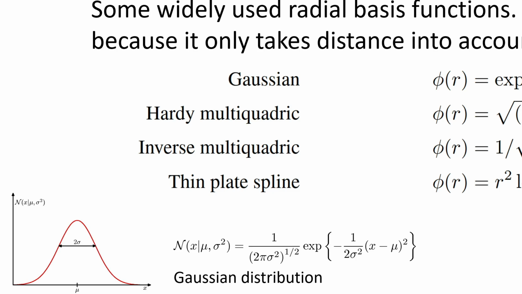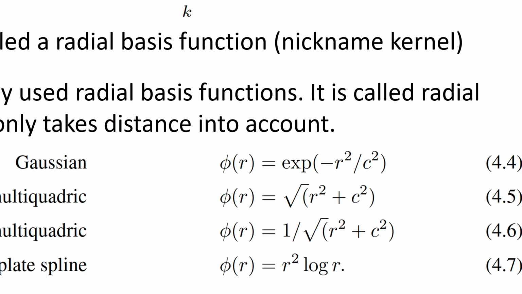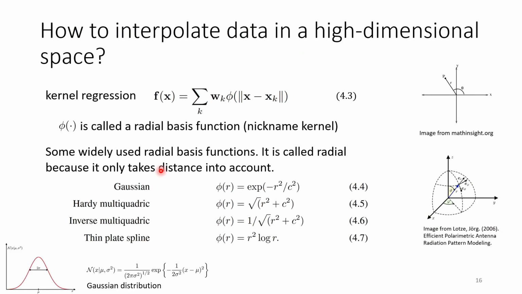So see here, this is the squared term, with a negative exponential power. It's like this one. This is a square term and a negative exponential power. Therefore, it is called a Gaussian kernel function. And there are some other kernel functions. Usually, Gaussian is the most widely used.